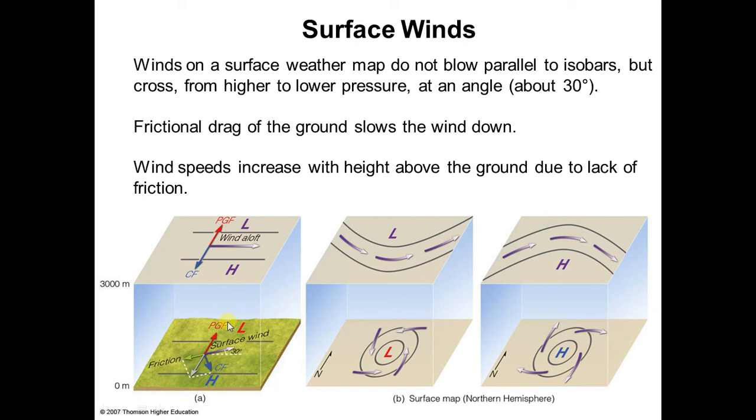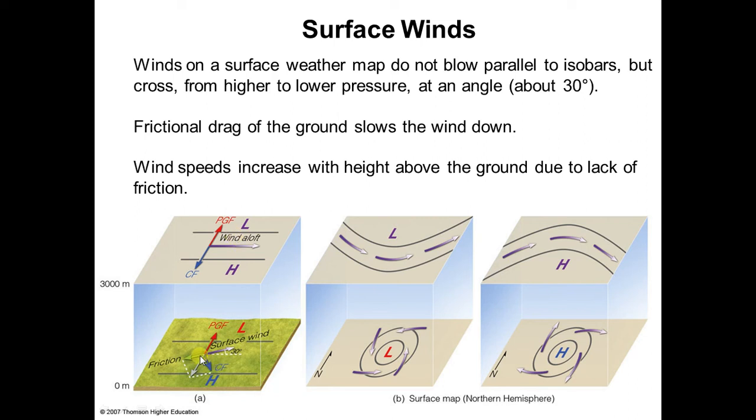Now on the ground, the winds do not blow parallel to the isobars, because what happens is, if initially there's a balance between the pressure gradient and Coriolis forces, friction comes into play and slows the wind down.